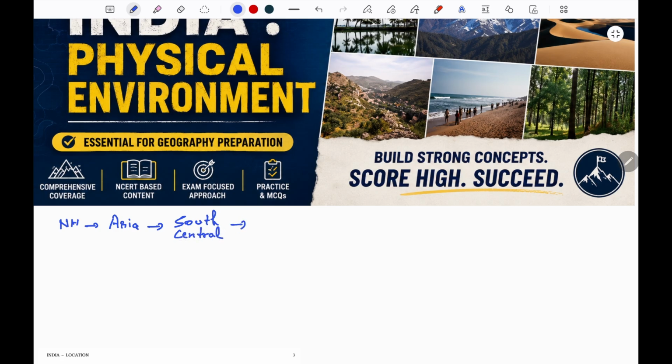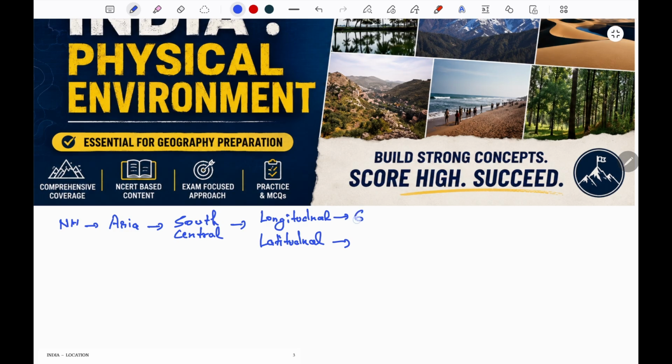And exact location is known by the latitudinal and longitudinal extent of the country. Now what is it for India? Longitudinal extent and latitudinal extent of the country.